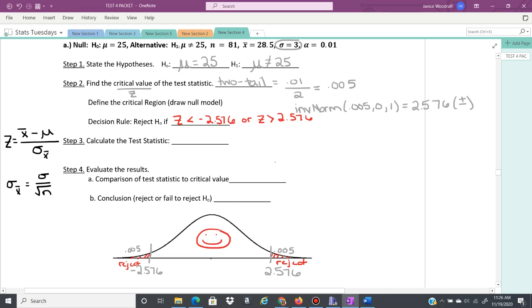Okay, so if I'm calculating a test statistic based off of this information, I'm going to go z equals x bar, which is 28.5, minus my mean, 25, over 3 over the square root of 81.